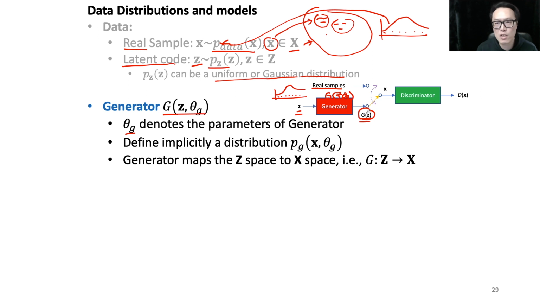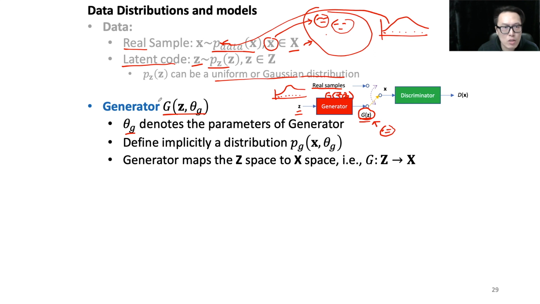The output will have a dimension compatible with the real sample. For example, if this is going to generate a face, the resolution should be more or less the same. The number of pixels should be the same as the real samples, otherwise the discriminator cannot take a different size of input.